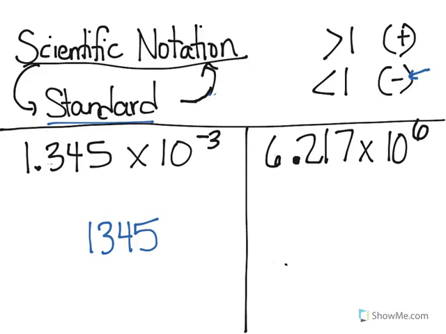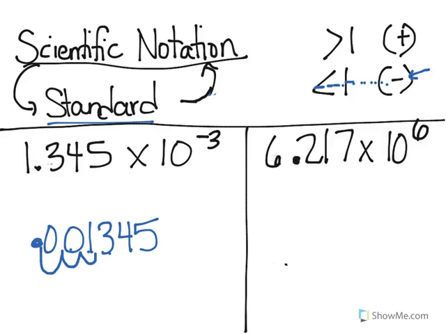So if I make that little less than arrow, it tells me I'm going to move my decimal to the left 3 times. 1, 2, 3. And what goes in the holes are zeros. So my answer is 0.001345.